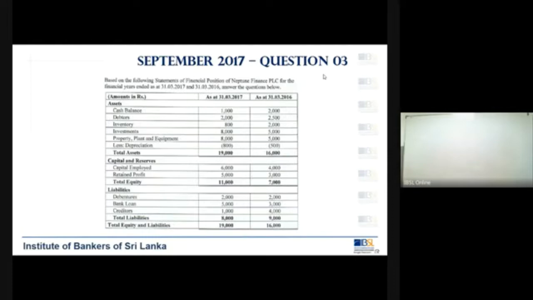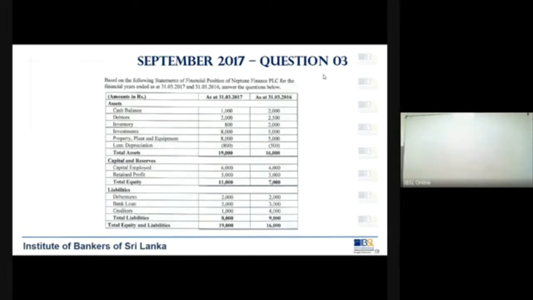When you are to prepare a statement of cash flow under the indirect method, what we need to consider is there should be a P&L, there should be a balance sheet, of course, for 2 consecutive years, and also additional information.